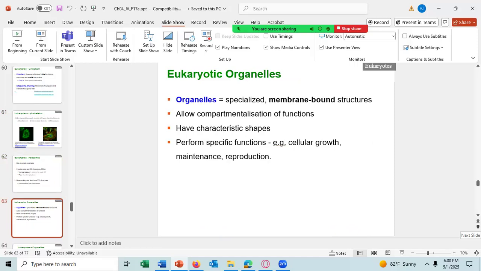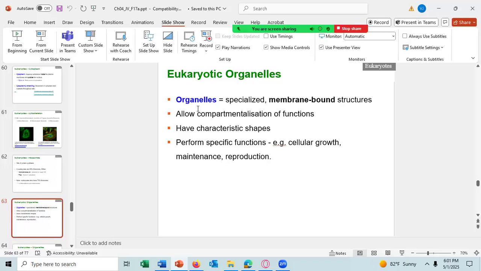I think I've mentioned that the eukaryote cells have membrane-bound organelles, or I usually just call them organelles, specialized membrane-bound structures, allowing the cell to be made into compartments, and each compartment can have a specific function by a different membrane-bound organelle.